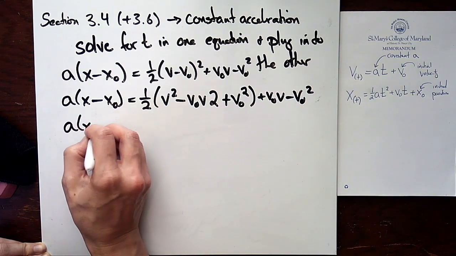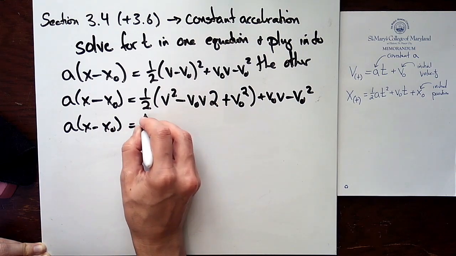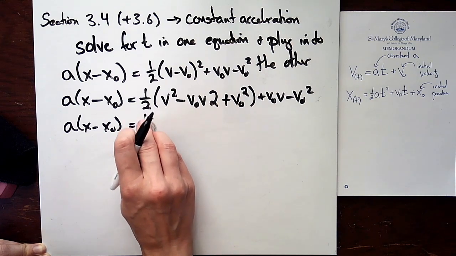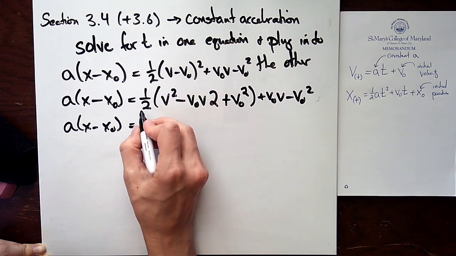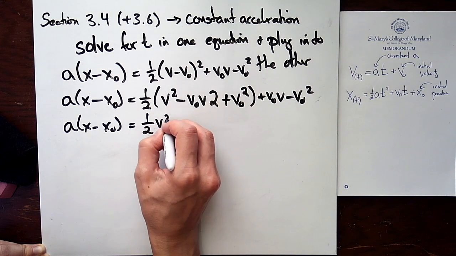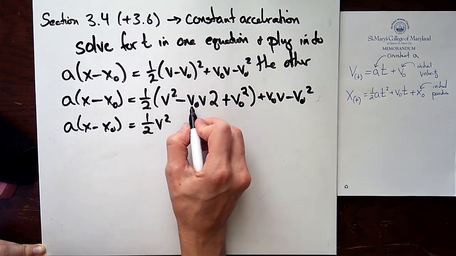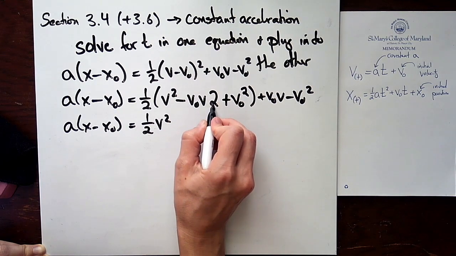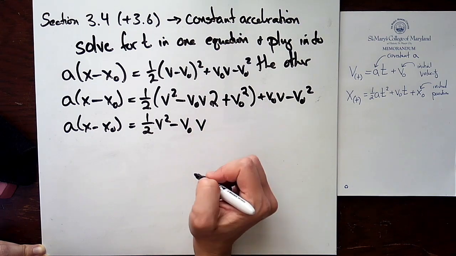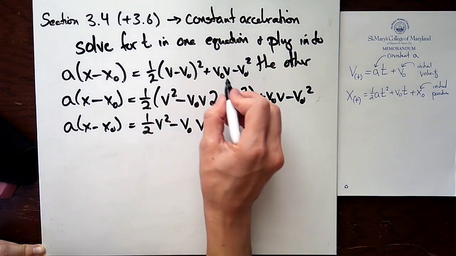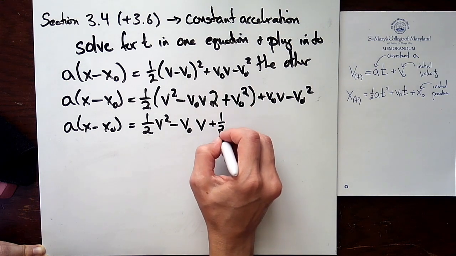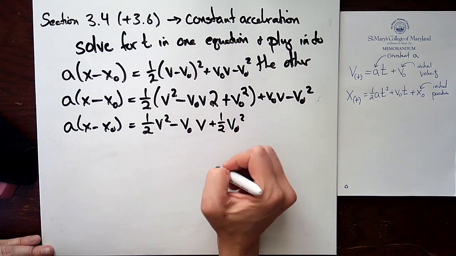Write everything again. Okay, actually maybe what I'll do is I'll distribute that 1/2 to all of these terms. So 1/2 times v squared is 1/2 v squared. 1/2 times negative v naught v times 2, well those 2's will cancel, I'll be left with negative v naught v. 1/2 times v naught squared, that'll be plus 1/2 v naught squared.